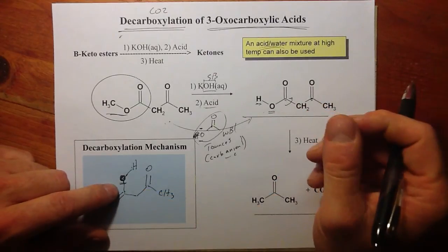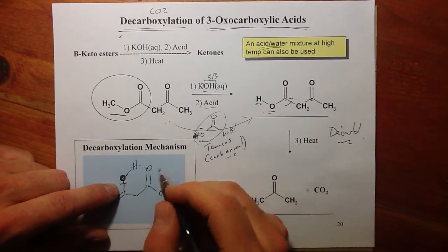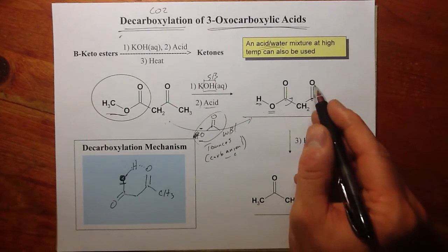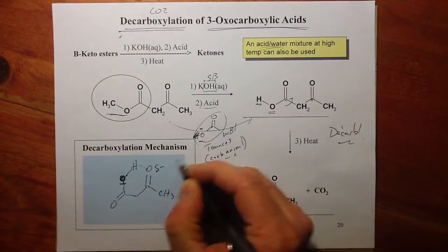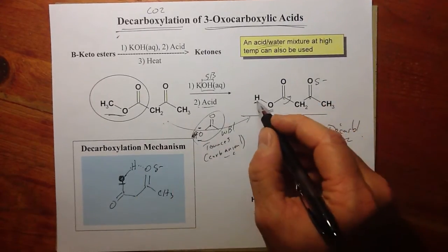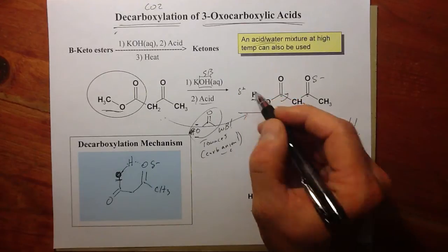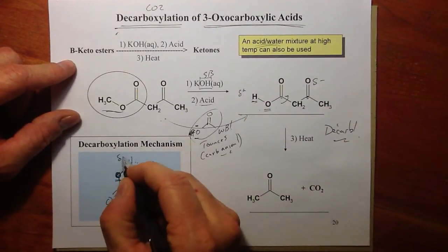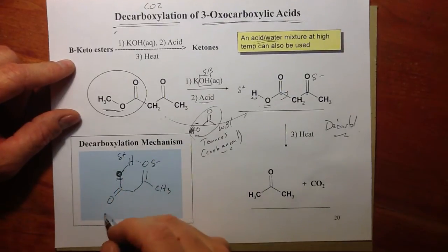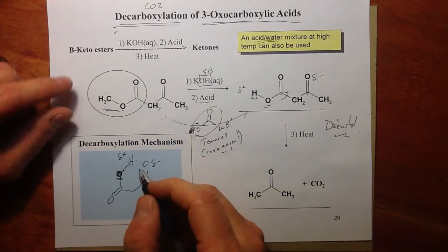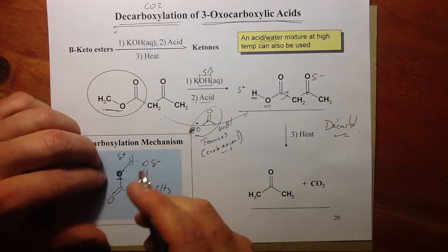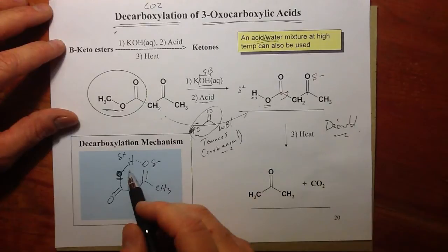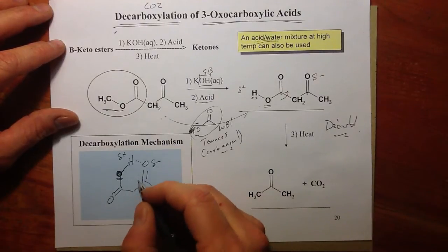I've rotated it around, and it would naturally want to be there if we had internal hydrogen bonding possible, and we do. This is partially negative. This proton off of this oxygen is certainly very partially positive, donating to this carbonyl. Because of this hydrogen bonding being very strong, we favor this orientation of the molecule to itself.